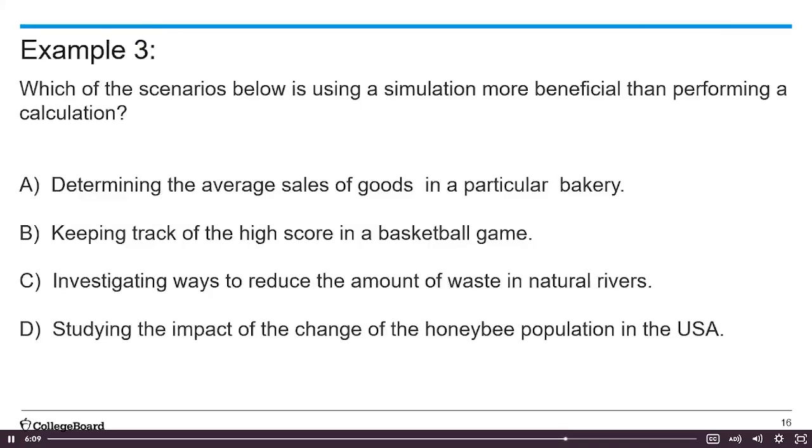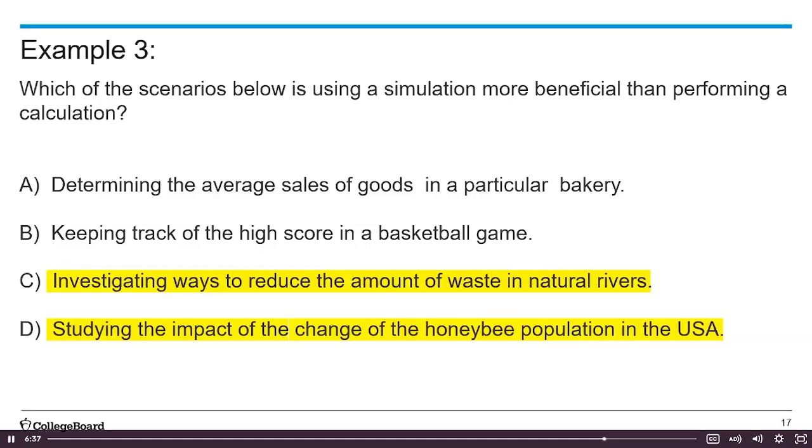Let's look at another example. So we're going to look at a simulation using what would be more beneficial than a calculation again. So we're going to take another try at this one. Put the video on pause and let's catch back up. All right, welcome back. So using a simulation is beneficial on waste of natural rivers, on the impact of maybe the change of the honeybee population.